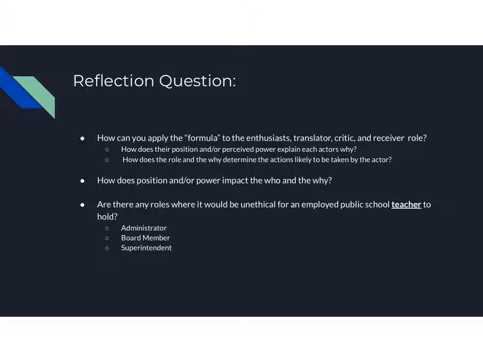Is there any role described by Ball in those policy actors that it would be unethical for an employed public school administrator to hold? And again, you can substitute board member or superintendent. Are any of those roles unethical? And if you think so, I wonder why you think that they would be unethical. What would make that unethical?